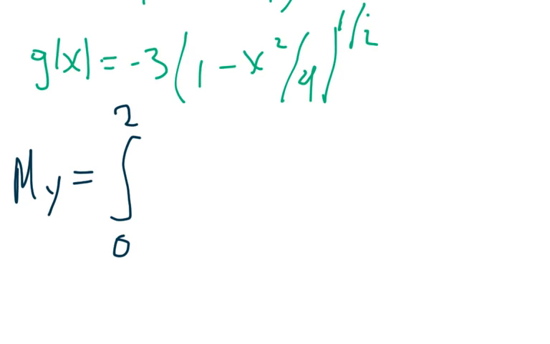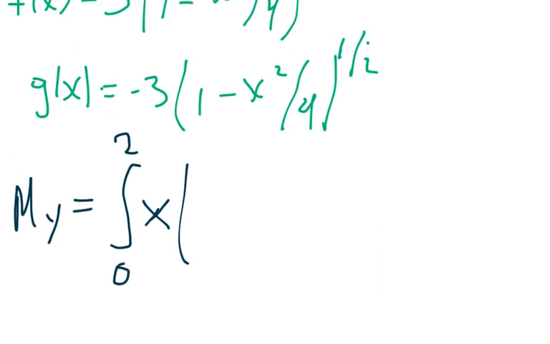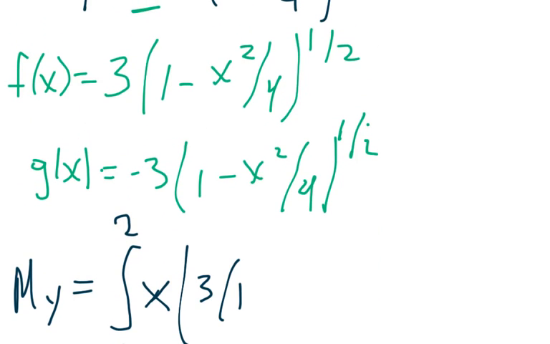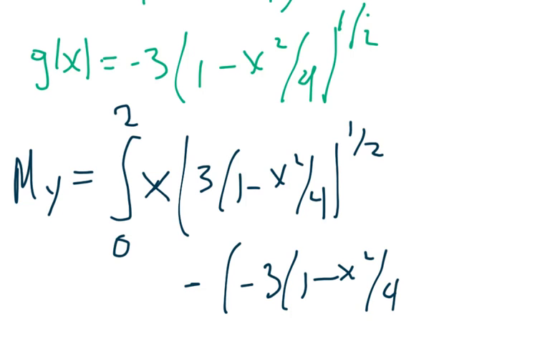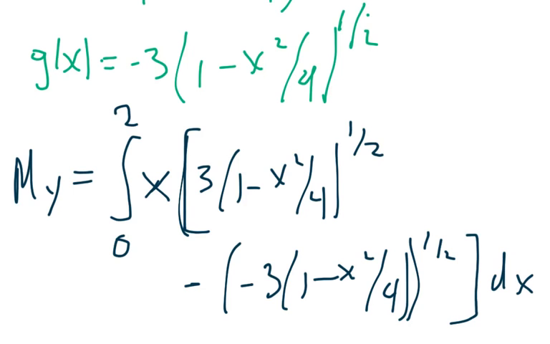So 0 to 2, x, and then we have 3 times (1 minus x squared over 4) to the 1/2 minus negative 3 times (1 minus x squared over 4) to the 1/2. Right? So if we put a little box here, we get that, dx.